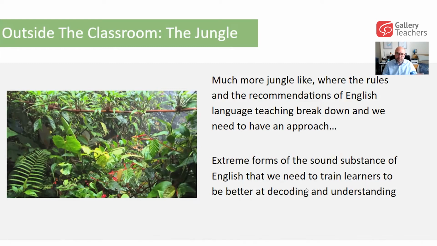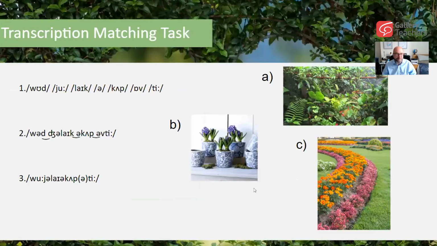So just to put this into context for you, I thought a bit of a matching quiz would be nice. So 1, 2, 3 here are our 3 versions of that question. Would you like a cup of tea? Number 1. Number 2, would you like a cup of tea?